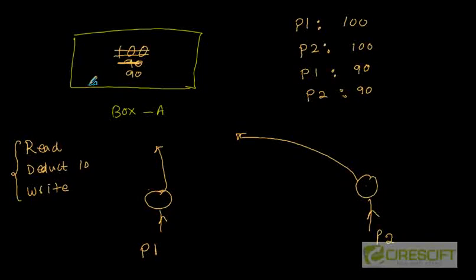We say there are two deductions, one by P1 and another by P2, but actually it looks like only one deduction happened and the second is just overwritten. Whoever writes first, his update is gone, because the other person eventually comes and overrides it.